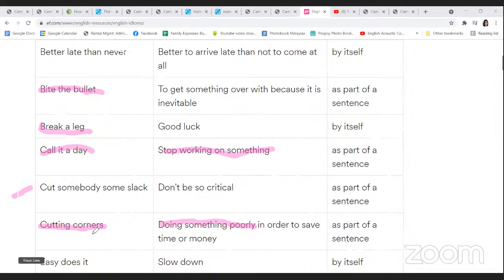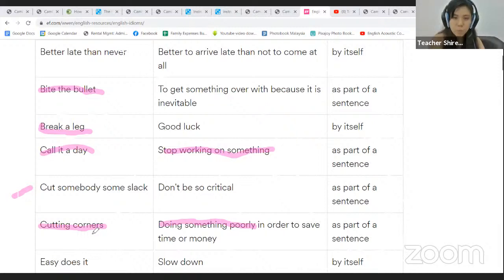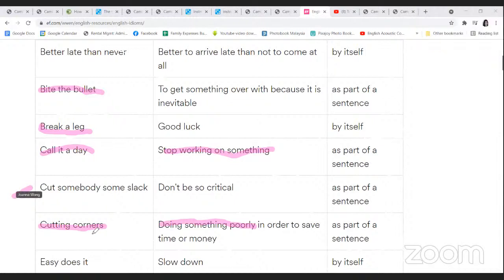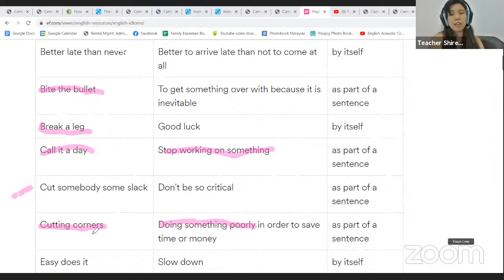What does it mean? Doing something poorly in order to save time or money. It's like I hired a contractor to build a very nice house. However, they are cutting corners.